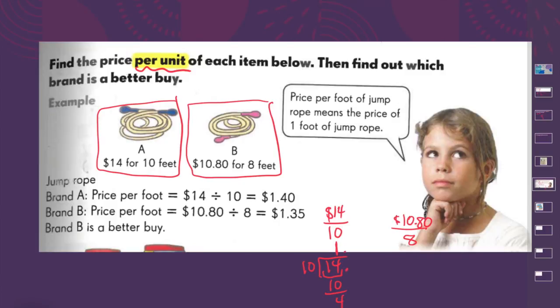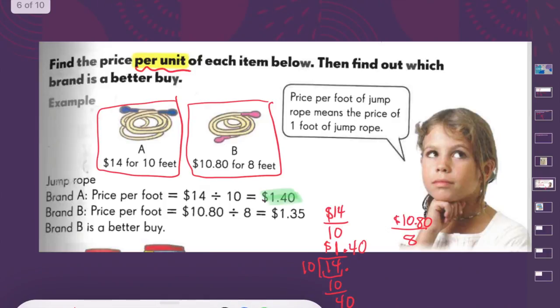We're going to add a decimal point and regroup those 4 ones into 40 tenths. And so 40 tenths divided into 10 equal groups gives us 4 in each group. And so nothing left over. So the price per foot for $14 for 10 feet is going to be $1.40. Okay, so that's what it shows right here.